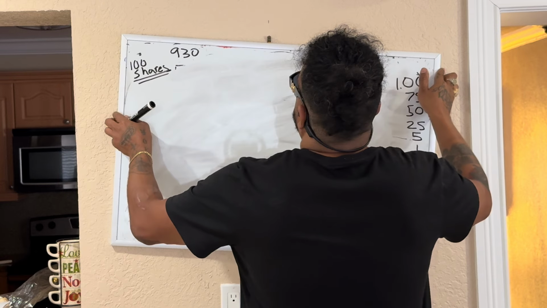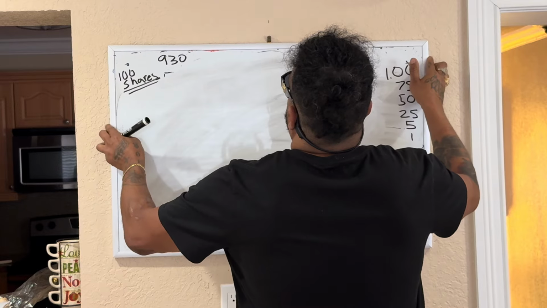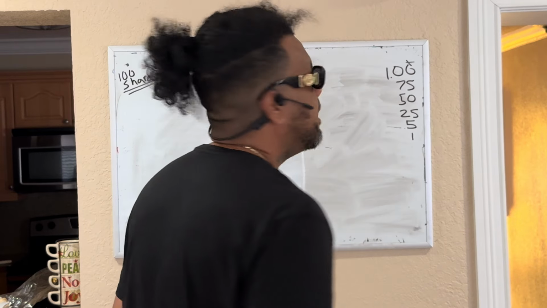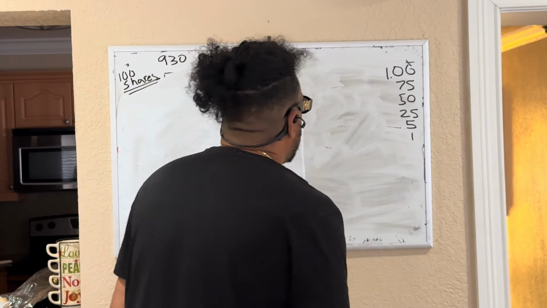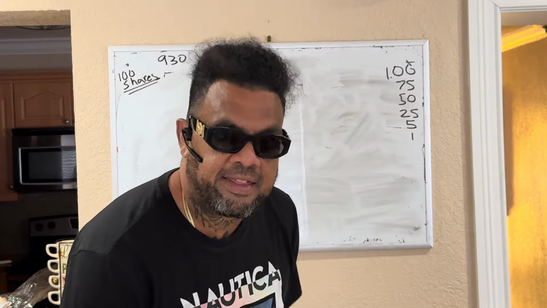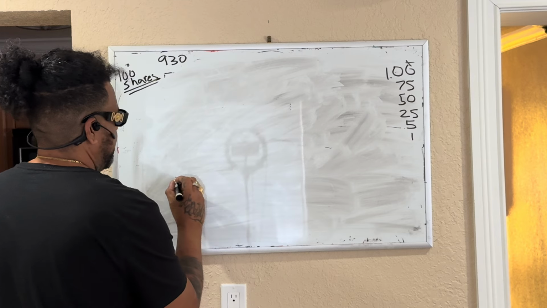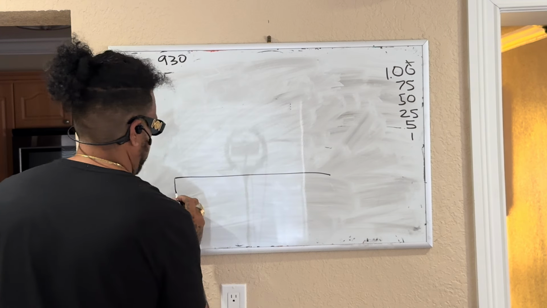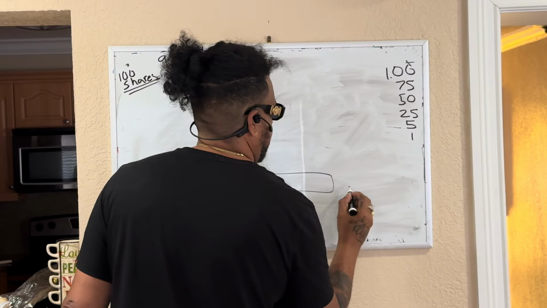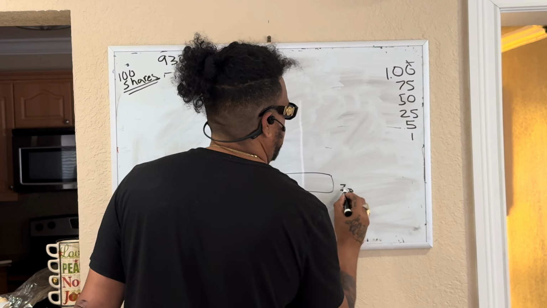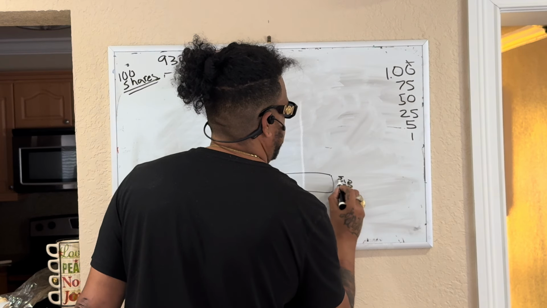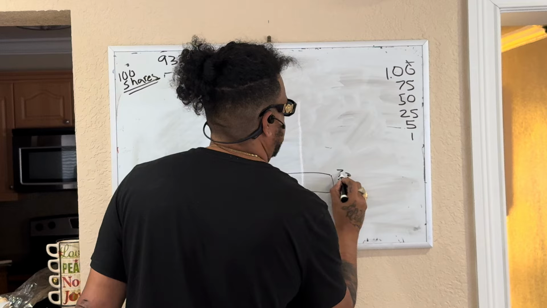Now, relative strength index. That's going to be on top of the MACD. Looks like this: 20, 30, 40, 50, 60, 70.